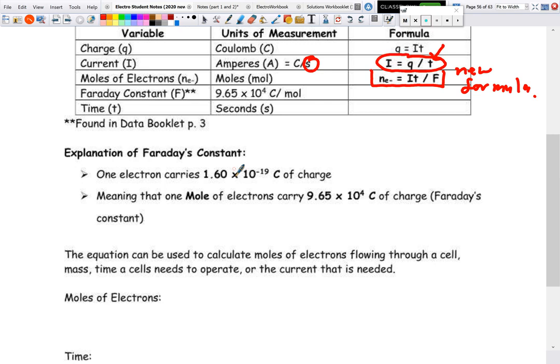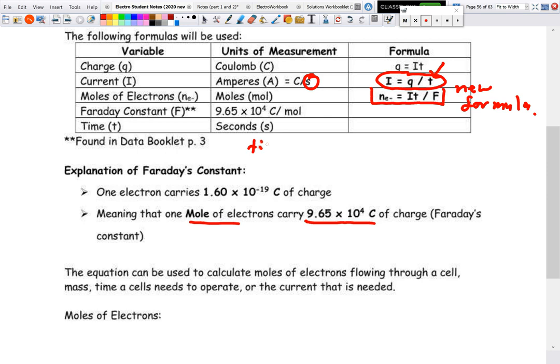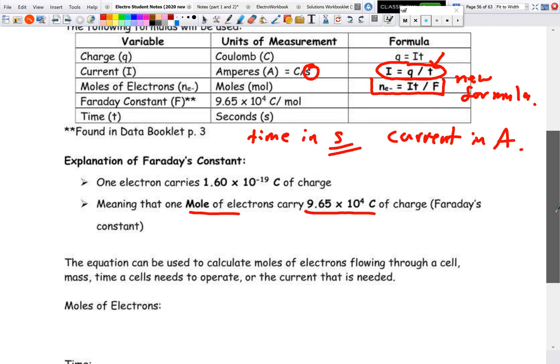So if we multiply Avogadro's number by this, we get that 1 mole of electrons carries 9.65 times 10 to the power of 4 coulombs of charge, and that is just Faraday's constant. Just make sure time is in seconds, we'll have to remember that, and current is in amps. When we get into our calculations, it will make a little more sense.